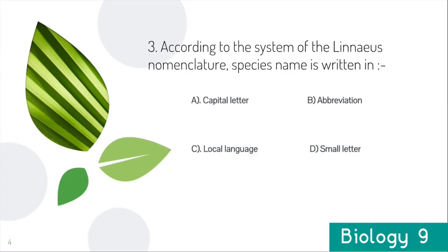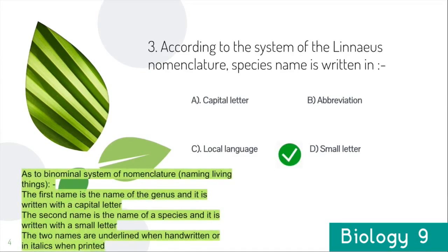And the correct answer is D, small letter. So there's a few things that you need to remember, but the first name, the genus name, always has a capital. The second one starts with a small letter, and if it's handwritten, it should be underlined, or italicized when printed.